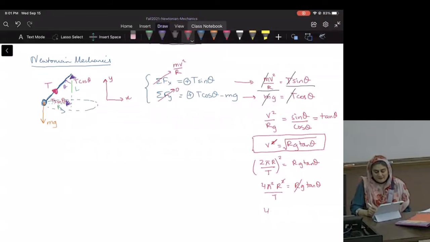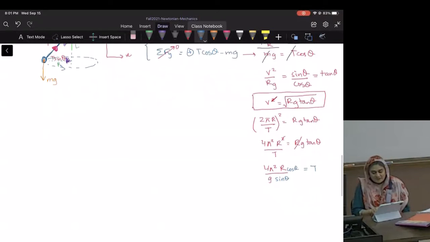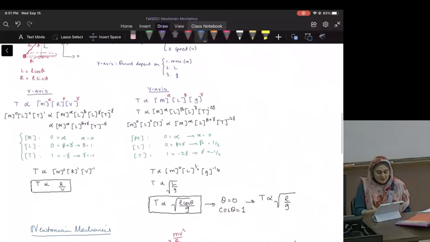What am I left with? 4 pi squared r over g. Actually, can I get rid of the tangent? Tangent can be replaced by sines and cosines, right? So it'll be just sine theta over cosine theta, equals T squared. That makes sense, right? Because I just replaced tangent here. And what did we say R was up here?